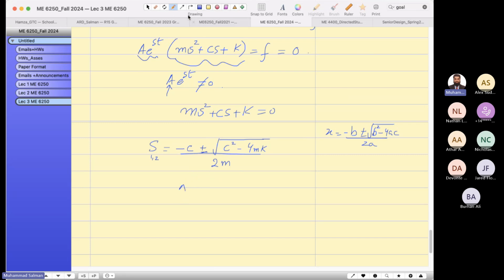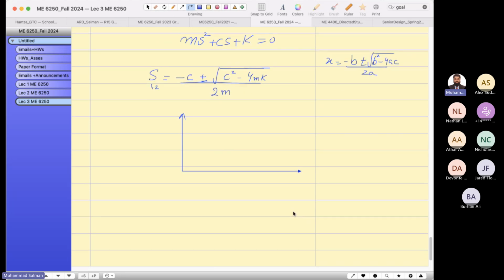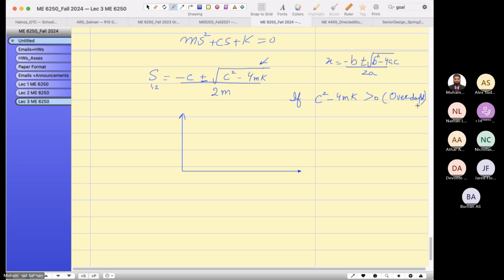I'm going to show you the graphical representation of three cases. What are the three cases? It depends on the discriminant, c square minus 4mk. If it is positive, then it is the overdamped case, with real roots.